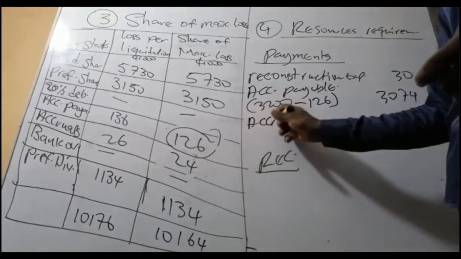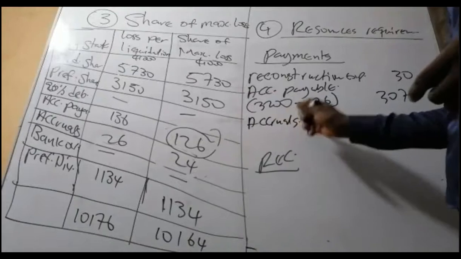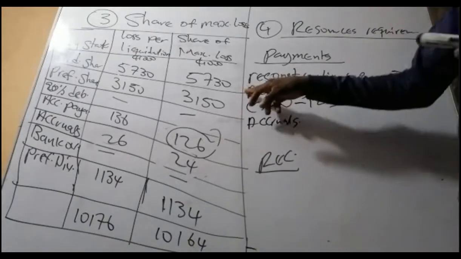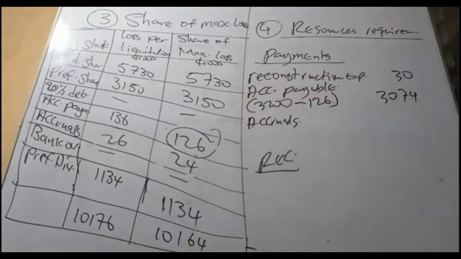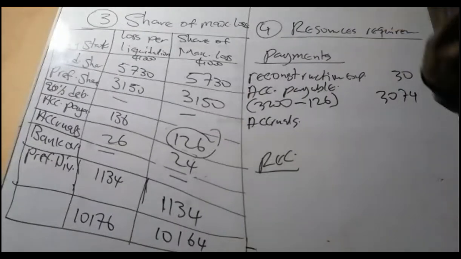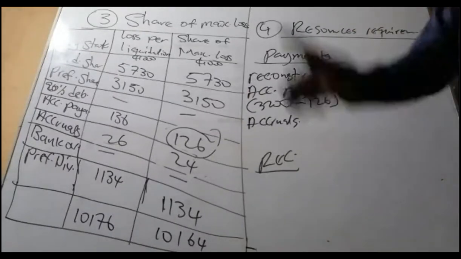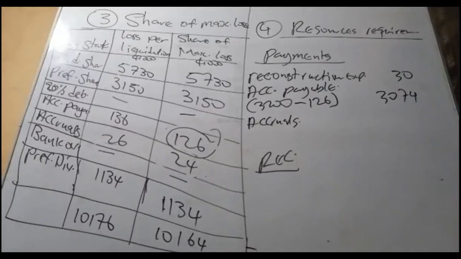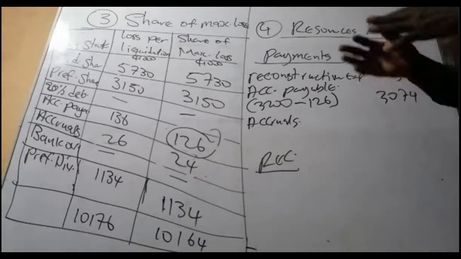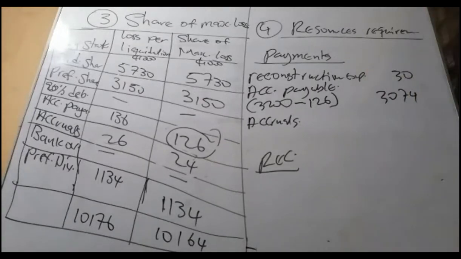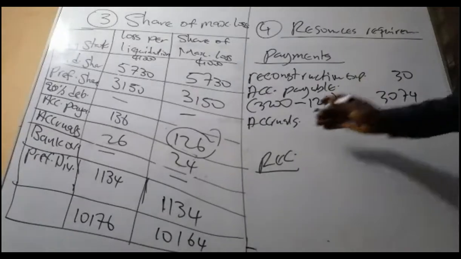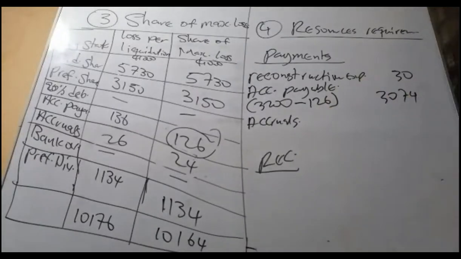Let's also pay them. Accruals. Now these two, it is not compulsory for you to pay them. It is discretionary. But the humble advice is to pay all the current liabilities and leave just one, for safety purposes. Accruals, what's their value?